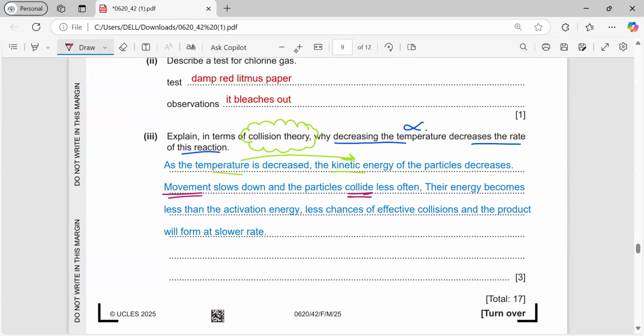Then collisions being less often or more often, or frequent. You can also use the word frequent here. Then you have to write that the energy becomes greater than or less than activation energy, more chances or less chances of effective collisions, and the product will form at a slower rate or faster rate. So these are the things which you need to write in your answer.